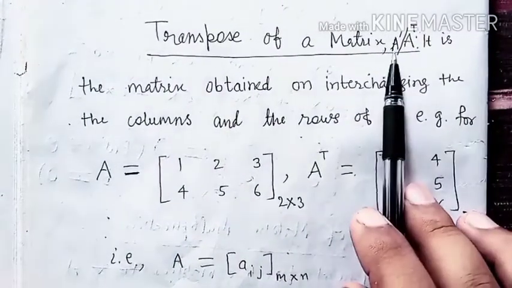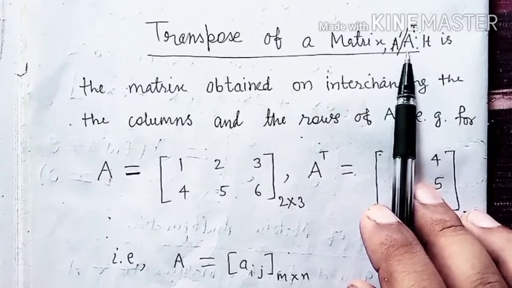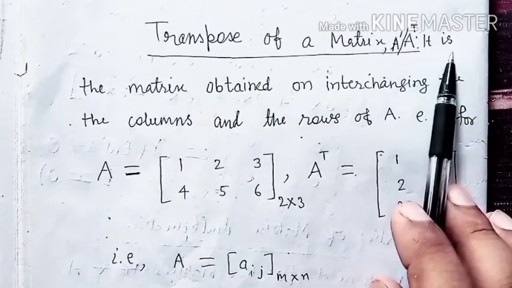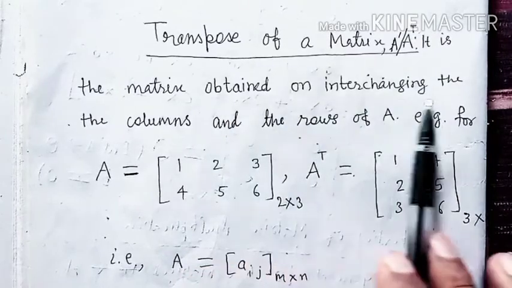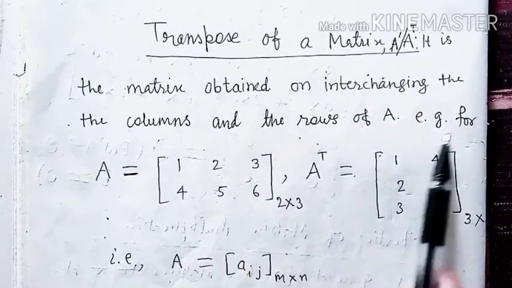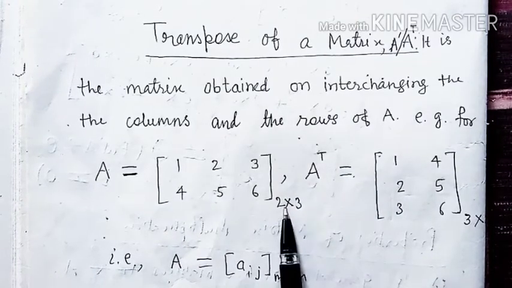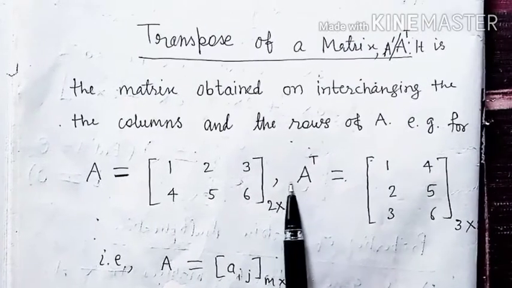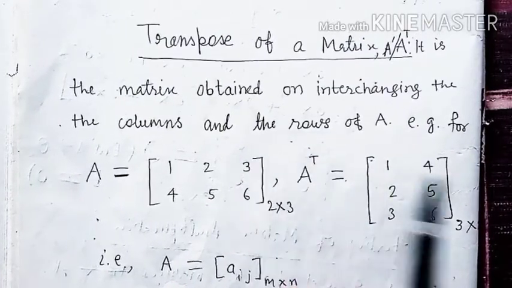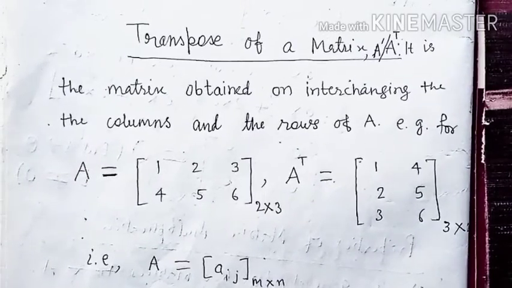It is denoted by A dash or A T as an upper suffix. It is the matrix obtained on interchanging the columns and the rows of A. For example, here A is this one whose order is 2 cross 3. Then its transpose is, according to the definition, we have to interchange columns into rows.